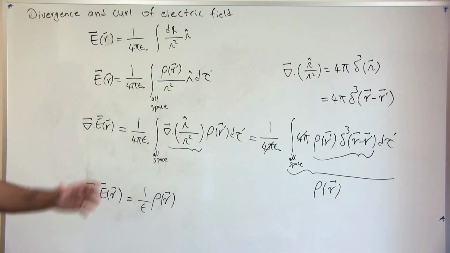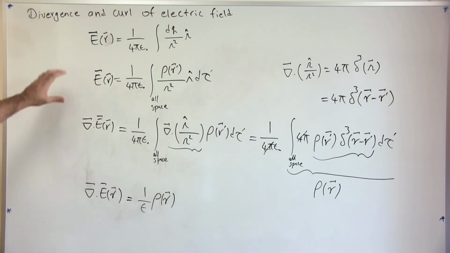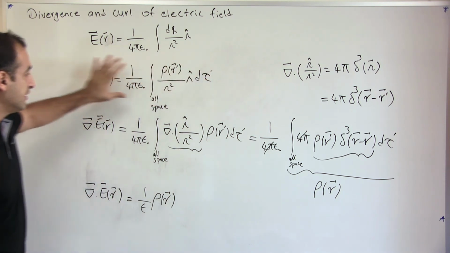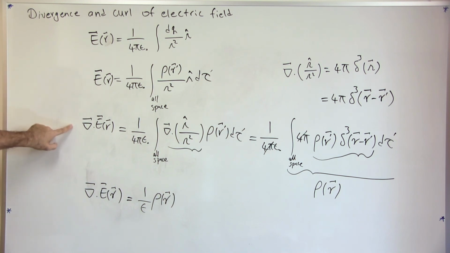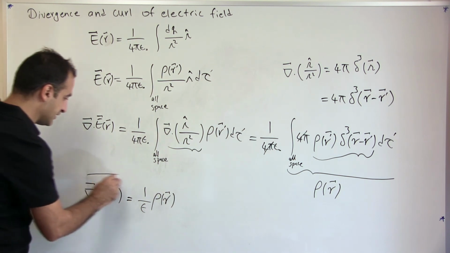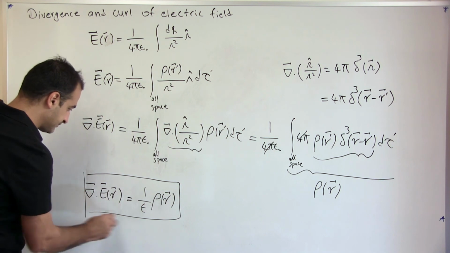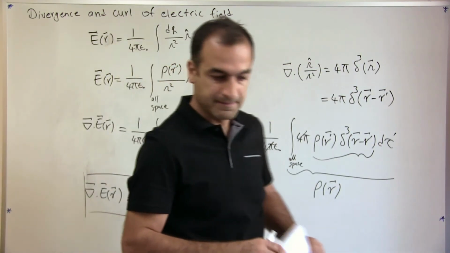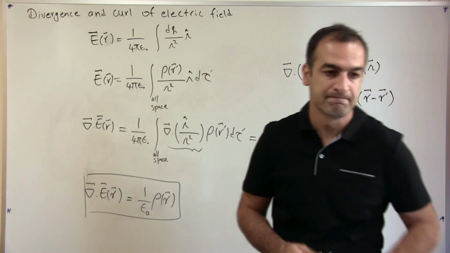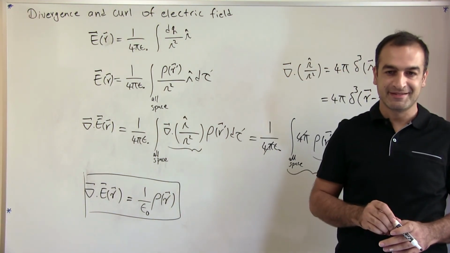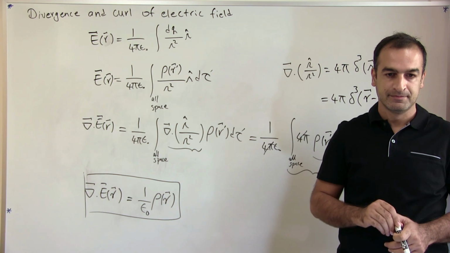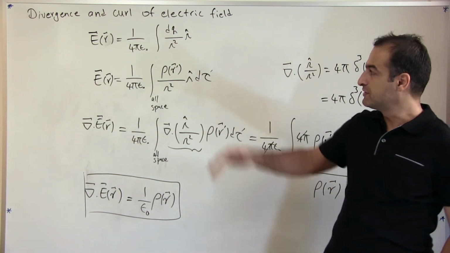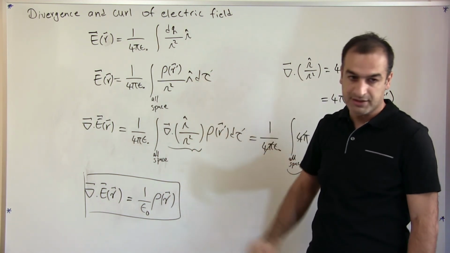Okay, so this is a different way of starting from something very general here, taking the divergence of E and showing that divergence of E is equal to 1 over epsilon 0 times charge density. Okay. Any question on this? Again, it was just a different mathematical way to reach the same conclusion.